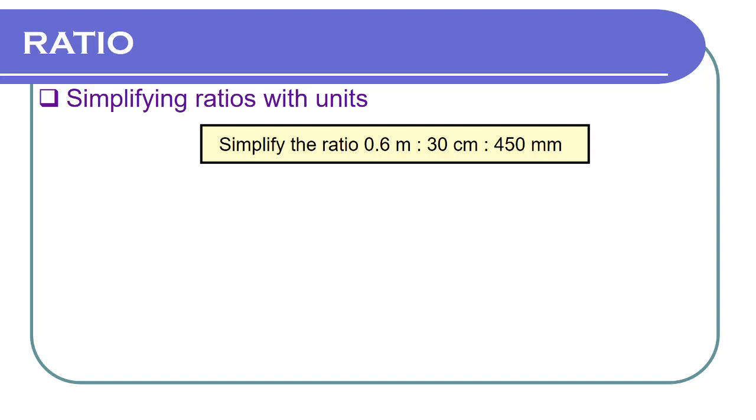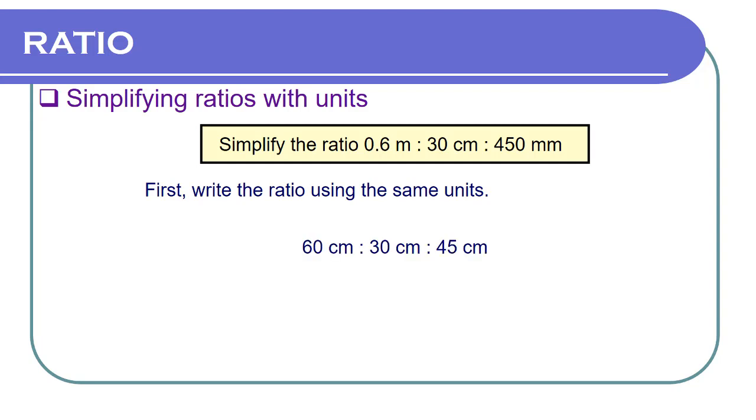It is also another example of simplifying ratios with different units. For example, simplify the ratio of 0.6 meter to 30 centimeters to 450 millimeters. Change all of the units into the same unit.